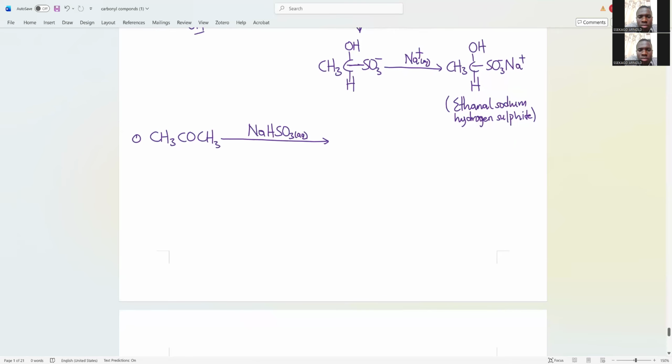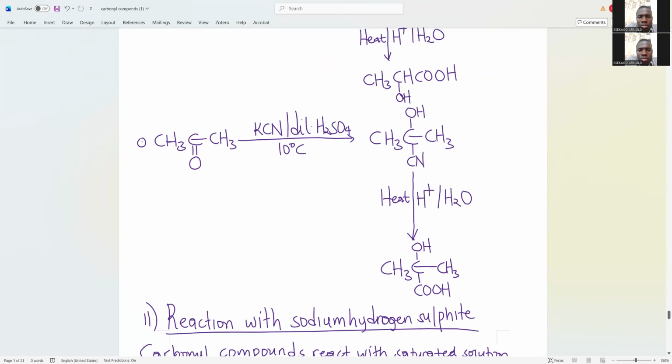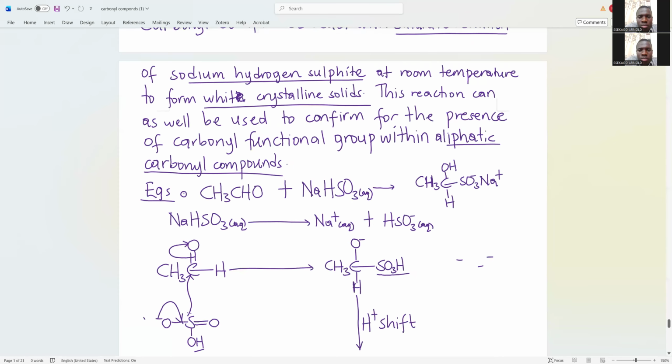Before we look at what we form, we first deal with sodium hydrogen sulfite. It breaks down to provide sodium ion and hydrogen sulfite ion.